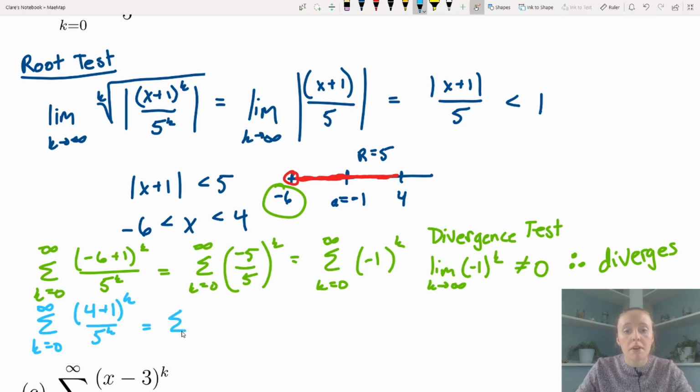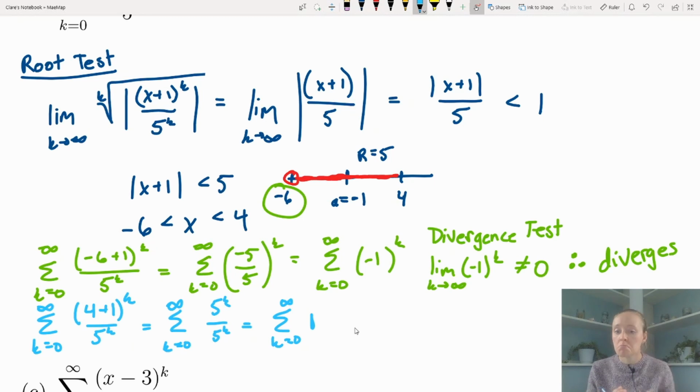Now this is going to give me the summation that k equals 0 to infinity of 5 to the k over 5 to the k, which is going to be 1 to the k, or 1. So this is what our series is when x equals 4.